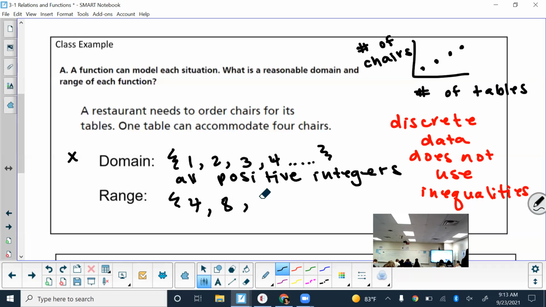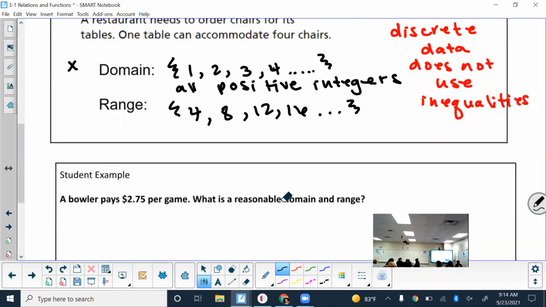It'd be 4, 8, 16, and then it can keep going until it's no longer reasonable, right? And it might also say ranges, increments of 4, or positive increments of 4.